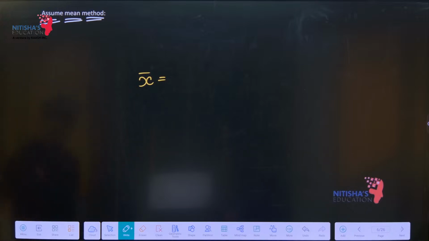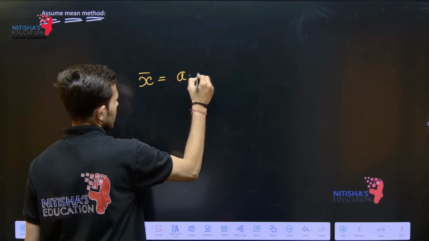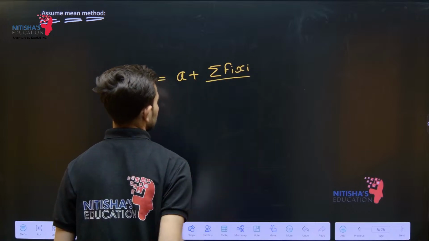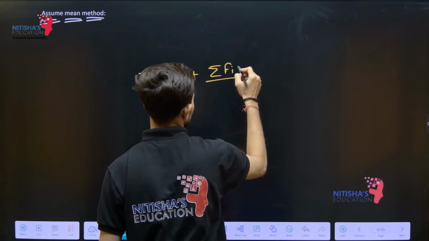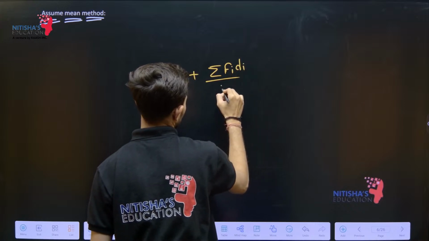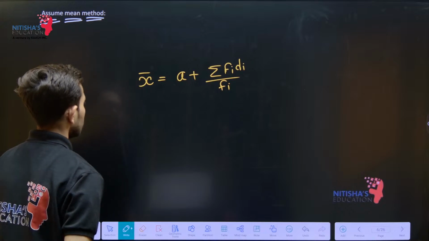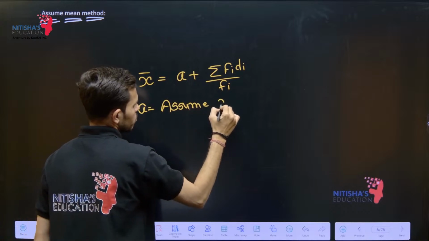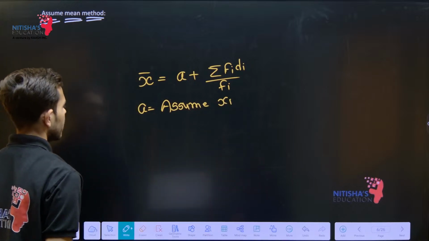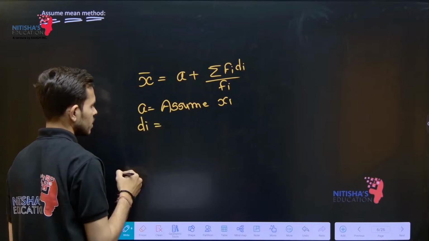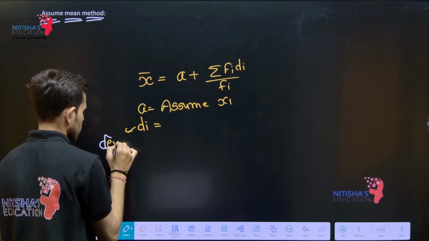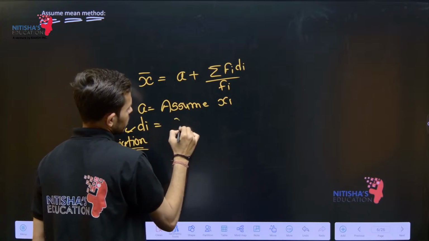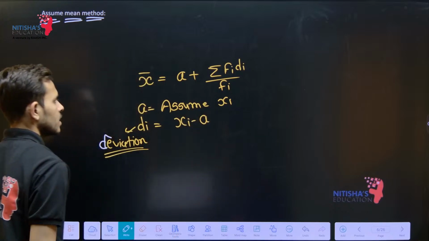So x bar is equal to a plus sigma fi di upon sigma fi, where a is the assumed xi and di is the deviation, which is given by xi minus a.